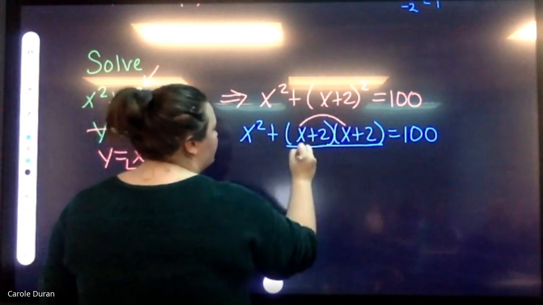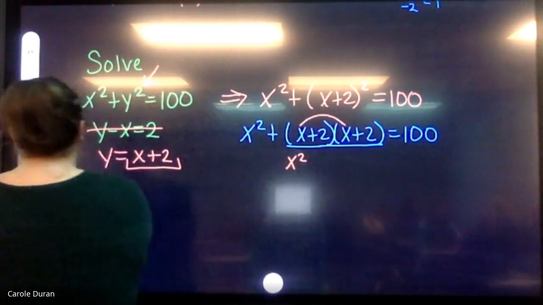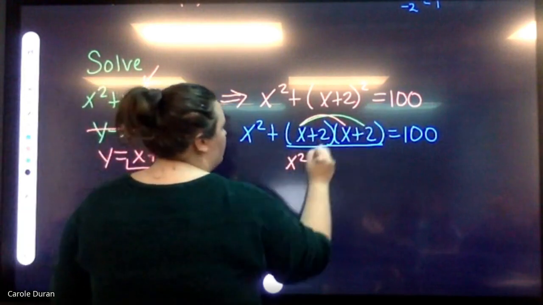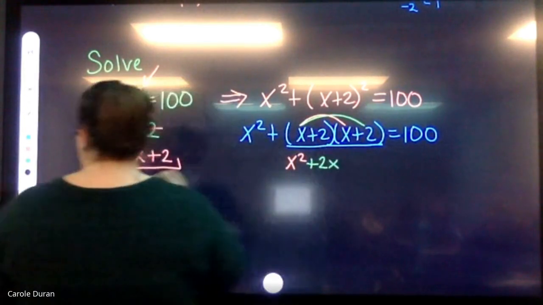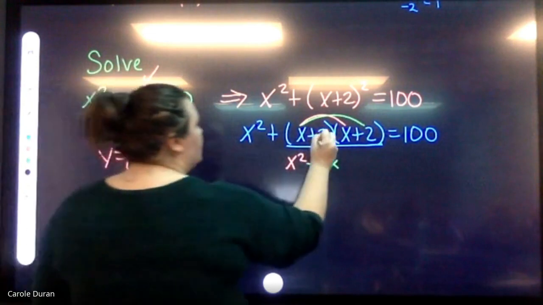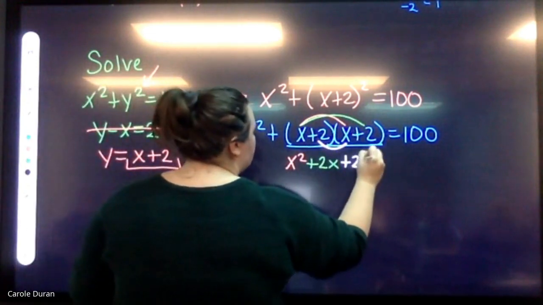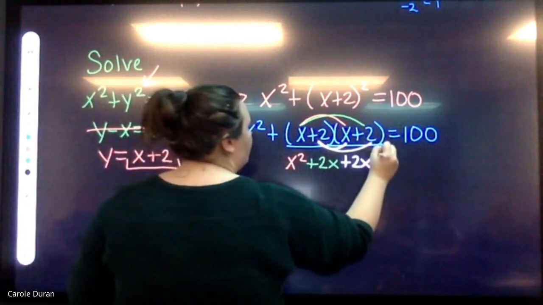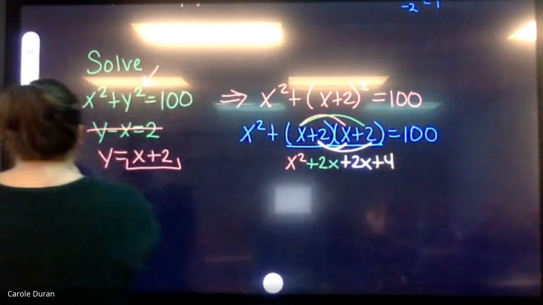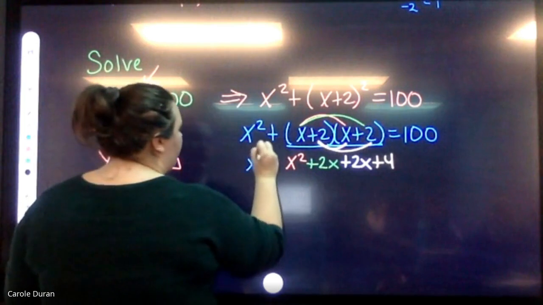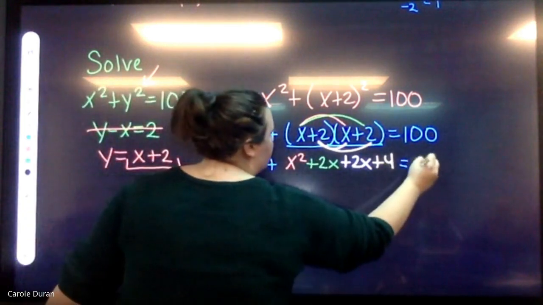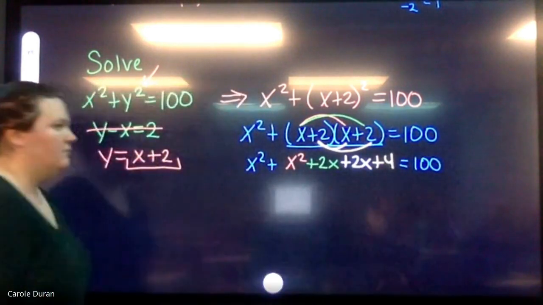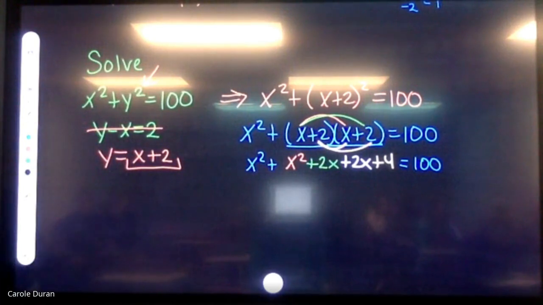So x times x is x squared. x times 2 is 2x. 2 times x is 2x. And then 2 times 2 is 4. I still have the rest of my problem in here, so I still have the x squared at the front, and I still have the equals 100. Is everyone okay with how I FOILed that?